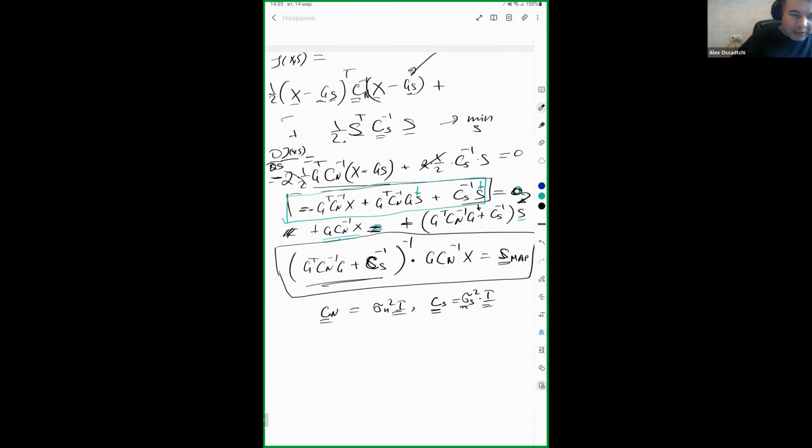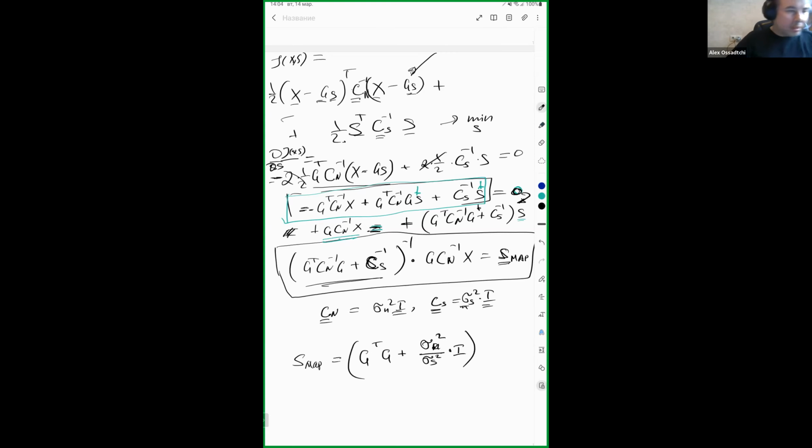I will simply rewrite it, so as not to make a mistake. Then you arrive at S MAP equal to G transpose G plus sigma noise squared divided by sigma S squared multiplied by the identity matrix.